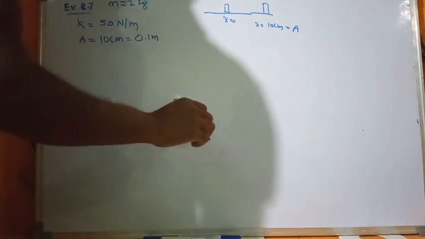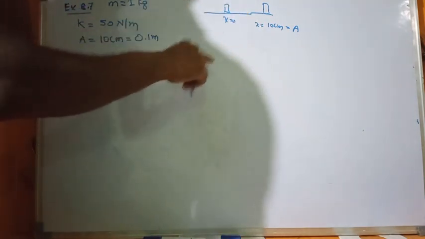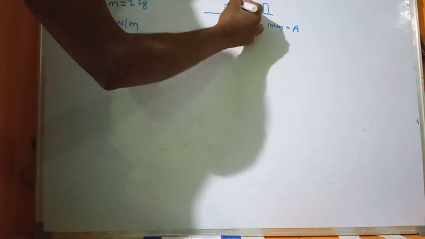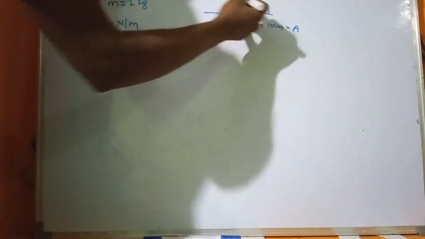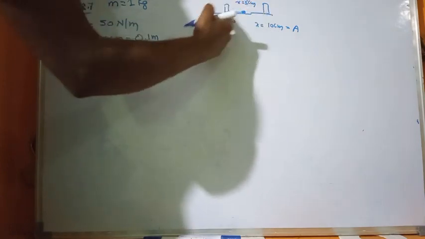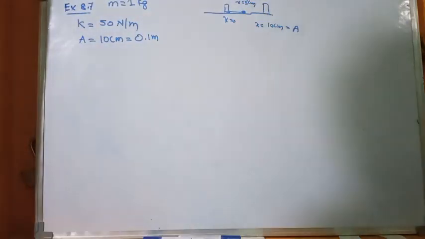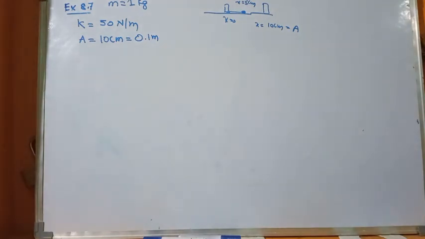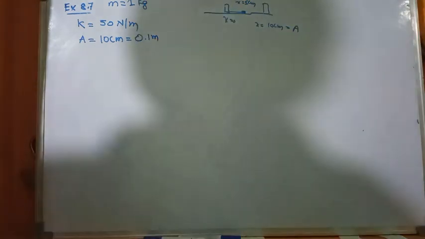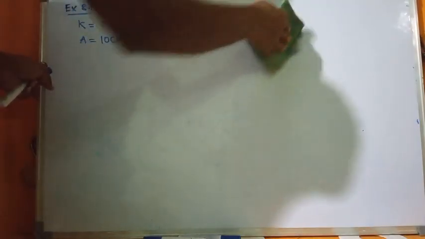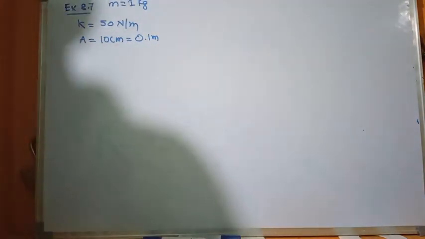But now we have to find the kinetic energy and potential energy or total energy when the block is at x is equal to 5 centimeters, the middle of that oscillation. So according to this question, first we have to find the kinetic energy and potential energy in this case.